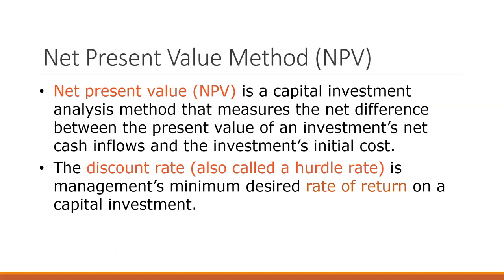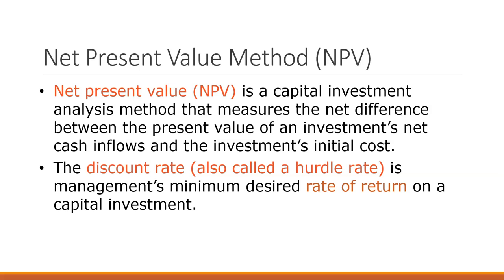Okay. The net present value method is a method that looks at time value of money. It's the present value of an investment's net cash inflows and the investment's initial costs. We use a discount rate, also called a hurdle rate. That rate is the interest rate. Discount rate and hurdle rate are different terms for the interest rate.